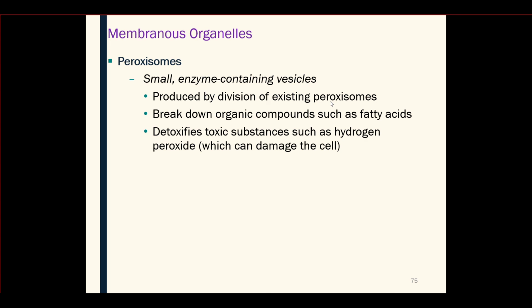But these also contain enzymes, and again, they're going to break down more organic molecules such as fatty acids. Okay, they'll even do detoxification, right? They can help to break down toxic substances. As an example, hydrogen peroxide, if that were to build up in the cell, that can be damaging. So this will help to break that down.